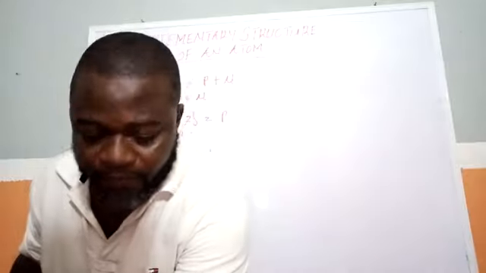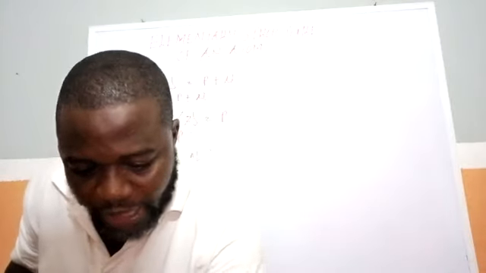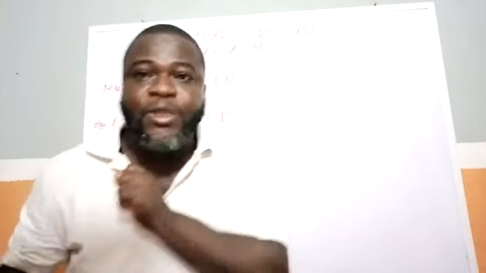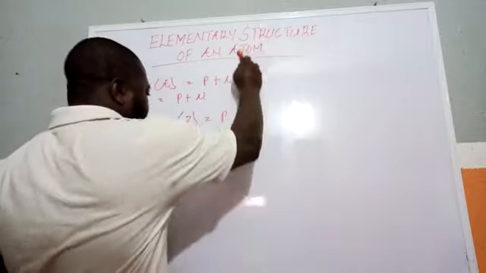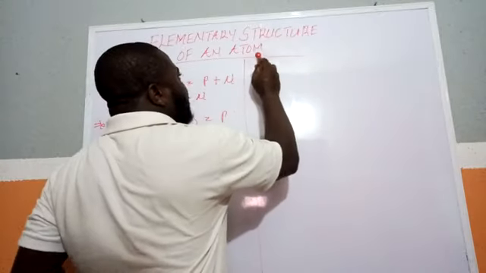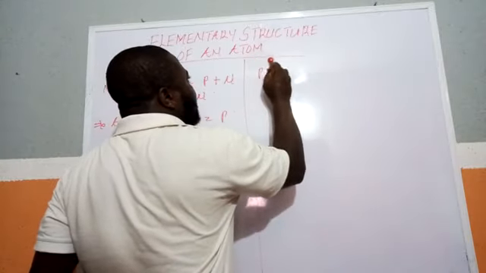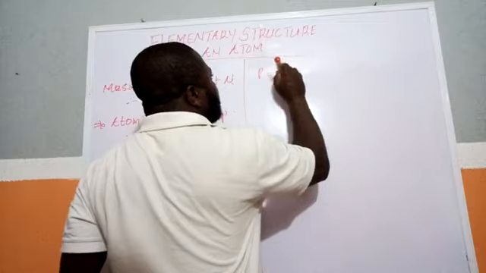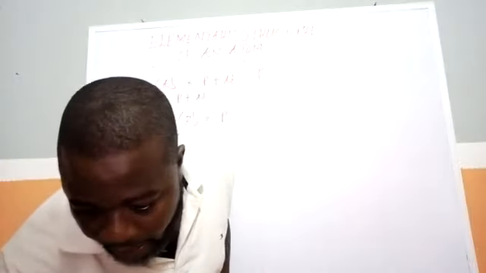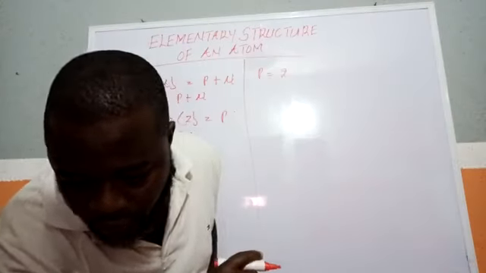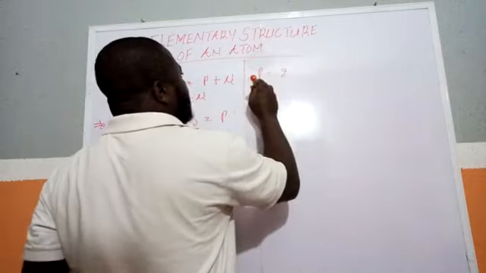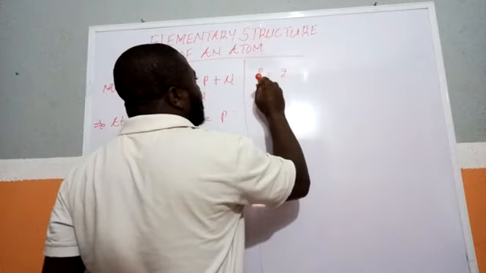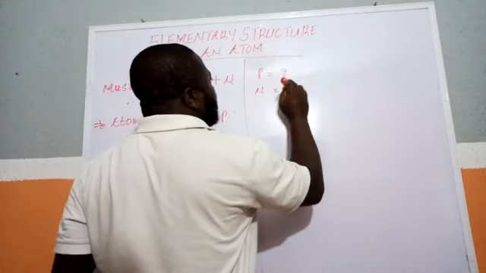Now, let's go back to that question. What is the nuclear number of helium with 2 protons and 2 neutrons? From that given question, the number of protons is 2, and the number of neutrons is also 2.